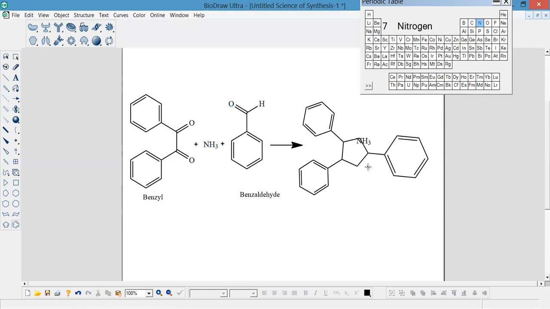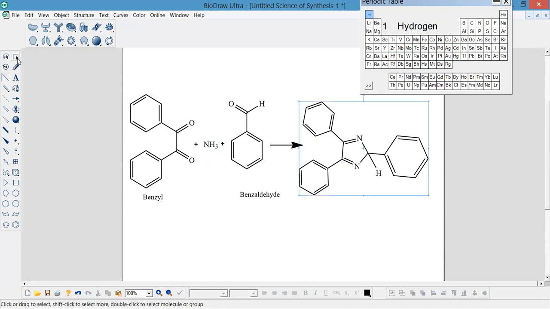NH, sorry, NH with these two double bonds coming from the carbonyl groups of the dicarbonyl compound. And it has a nitrogen atom with one hydrogen atom.